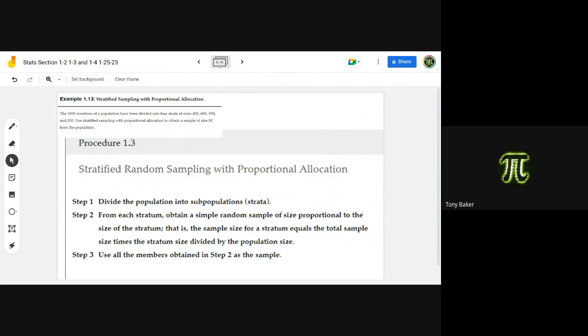So stratified random sampling basically means that you're dividing the population into subgroups, and then you're randomly picking from each of those subgroups proportionally based on what you have. Okay? And it doesn't necessarily have to be low, high, middle income. It could be any kind of population. If we're looking at the entire United States, I think last I looked, it was approximately 19% Black, about 17% Hispanic, and so on.